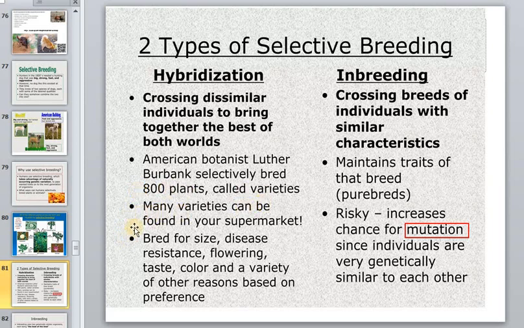Many varieties can be found in your supermarket, bred for size, disease resistance, flowering, taste, color, and variety, based on preference. In inbreeding, we cross individuals with similar characteristics. This maintains a breed, but has a lot of risk, increasing the chance of mutation, since individuals are very genetically similar to each other.